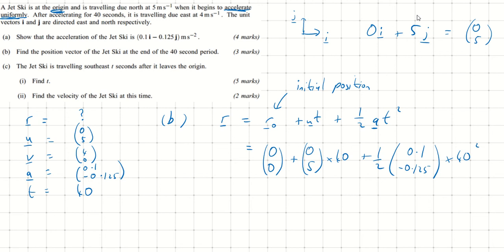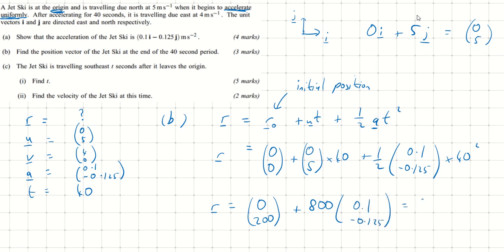And this is R. So now let's work this out. R equals, well, 0, 0 does nothing. 0, 5 times 40 gives us 0, 200. And 40 squared is 1,600. Half of that is 800. So I get 800 lots of 0.1, minus 0.125.